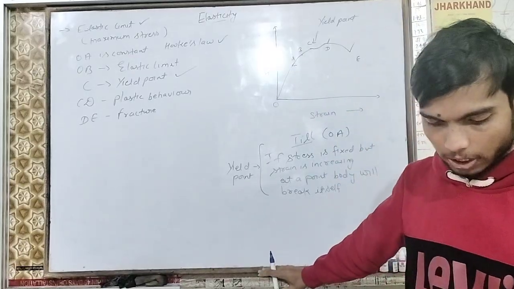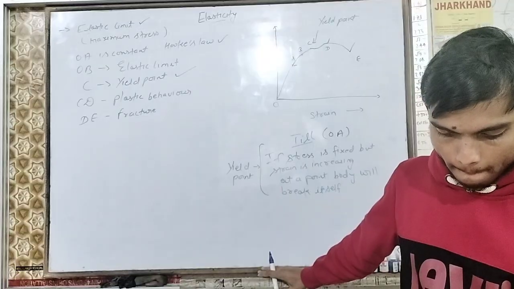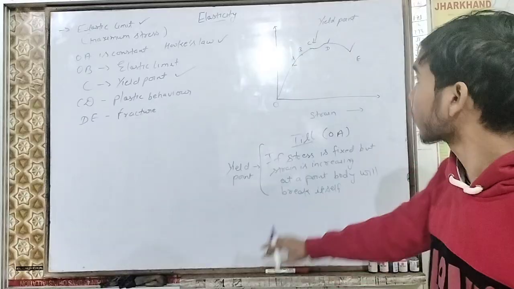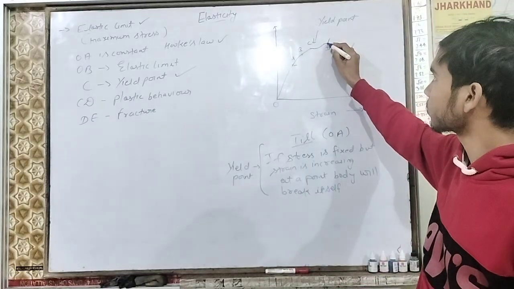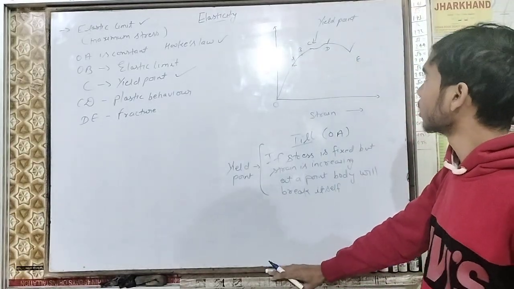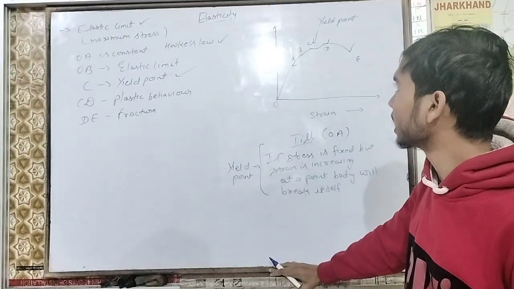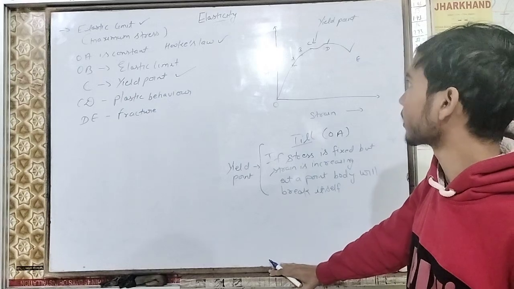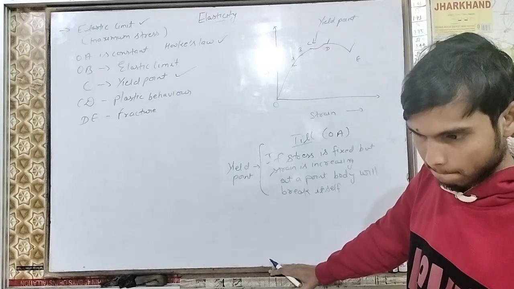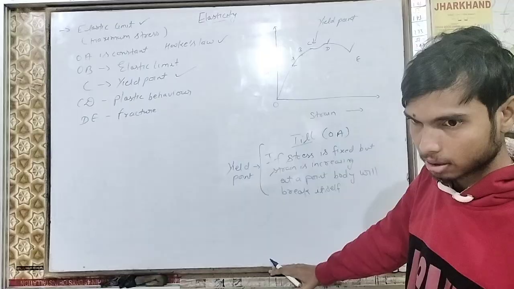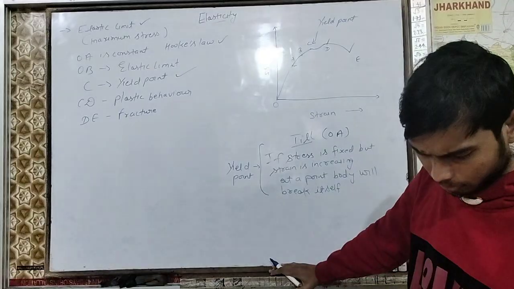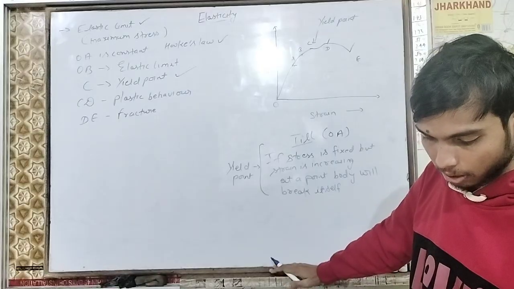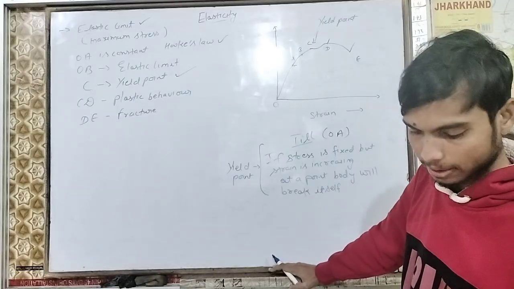Then the wire breaks off at point D. Over here, the wire will break itself at point D. So point D we are calling the breaking point.